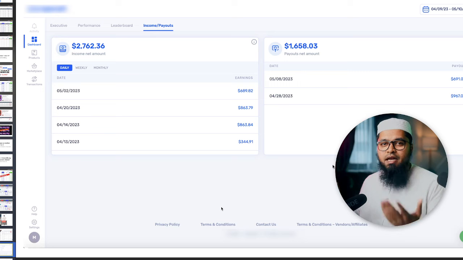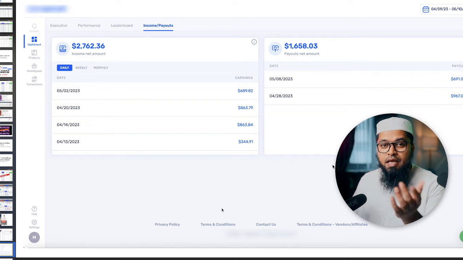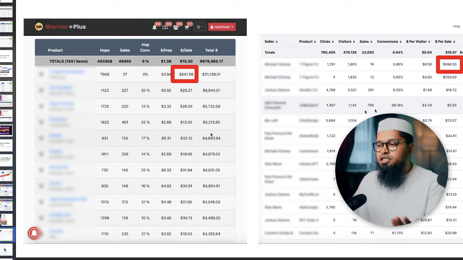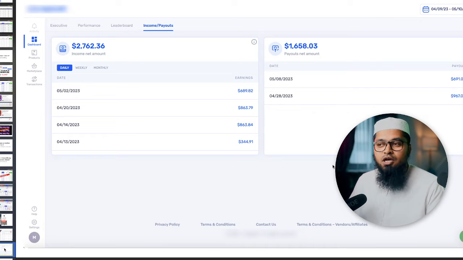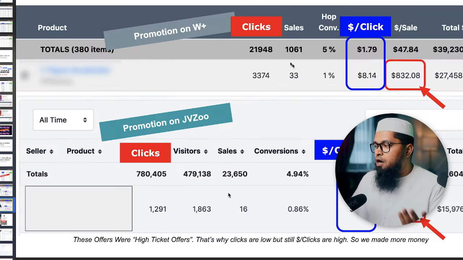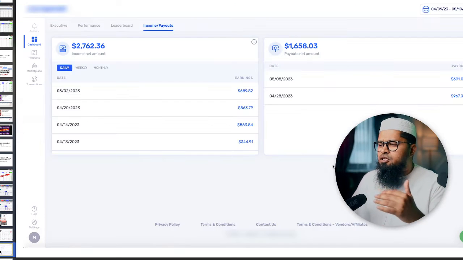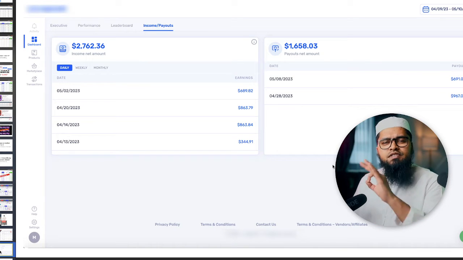This is how they manage their business. It's their problem. Or maybe this is working for them. But for affiliates, this is completely hazy, blurry, completely hidden, and you don't know which promotion is making you money or not, how many clicks you are sending or not, how much dollar per click you are earning or not, and how much dollar you're earning per sale or nothing. Totally hidden. Now you have zero control.